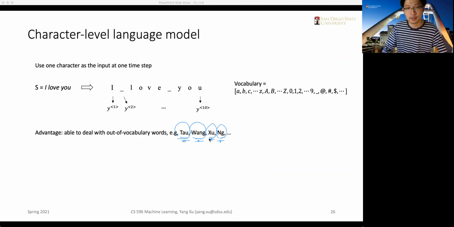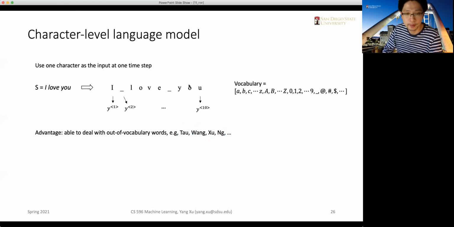But if we are designing a model to model the sequence of characters, the sequence of letters, then all these letters can be recognized, the sequence is there, and the probabilities can still be computed. Okay.